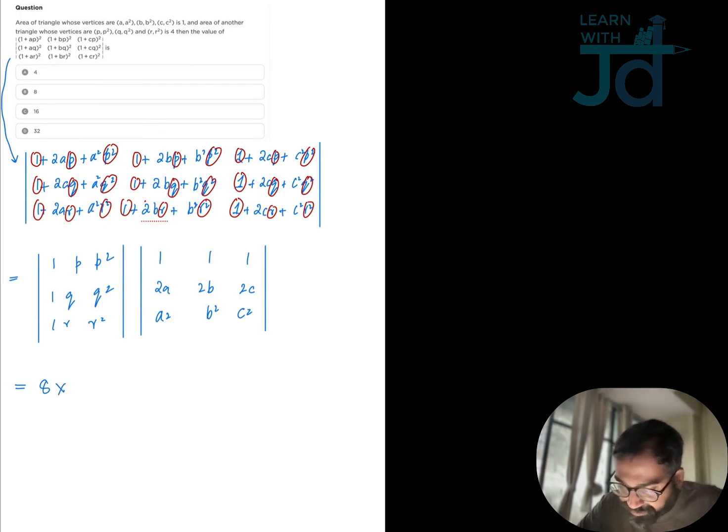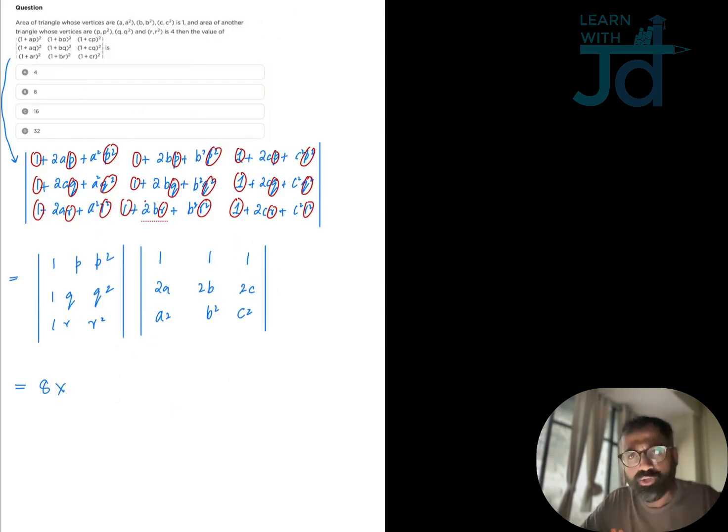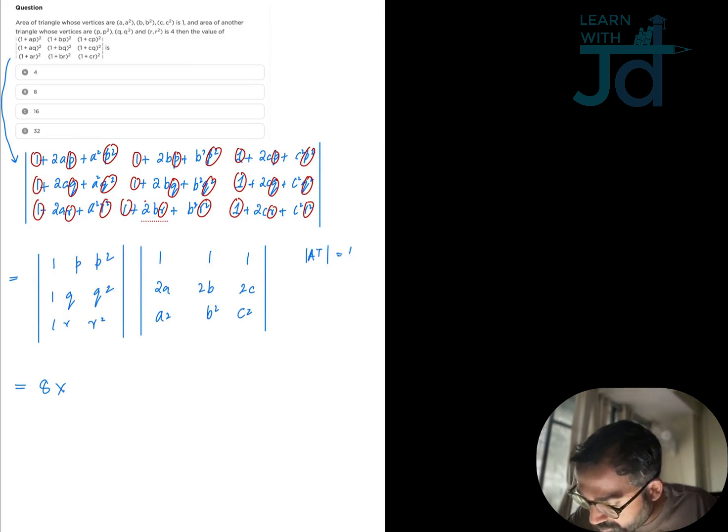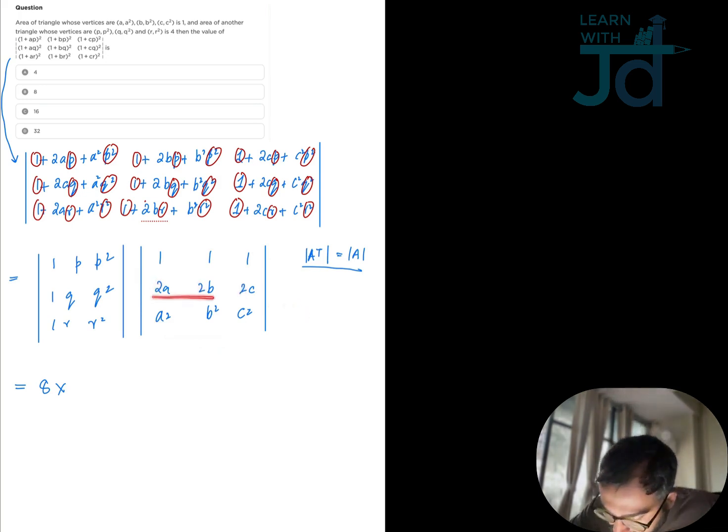Now from here, this determinant and this determinant, if you see, is basically a transpose, right? And you know the determinant of the transpose of any matrix is exactly equal to the original value. That's not a problem. This determinant value is, if there was no 2 here, its determinant value would be the same. But now you can take a 2 common from this row.